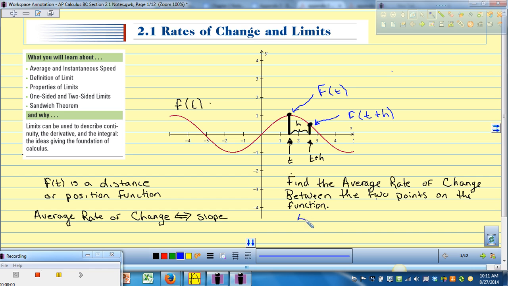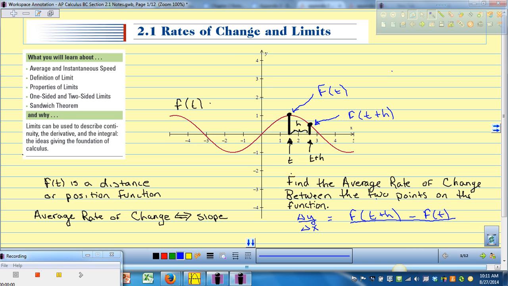Average rate of change is change in y over change in x. And the change in y would be f of t plus h minus f of t, all over, we could write t plus h minus t, right?